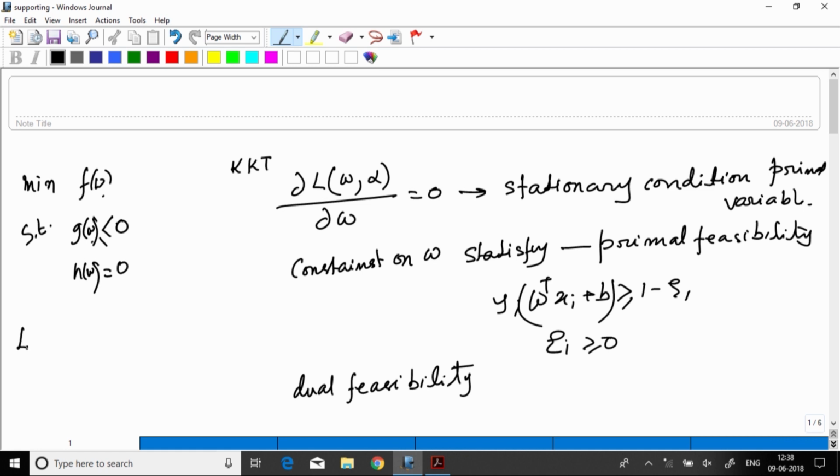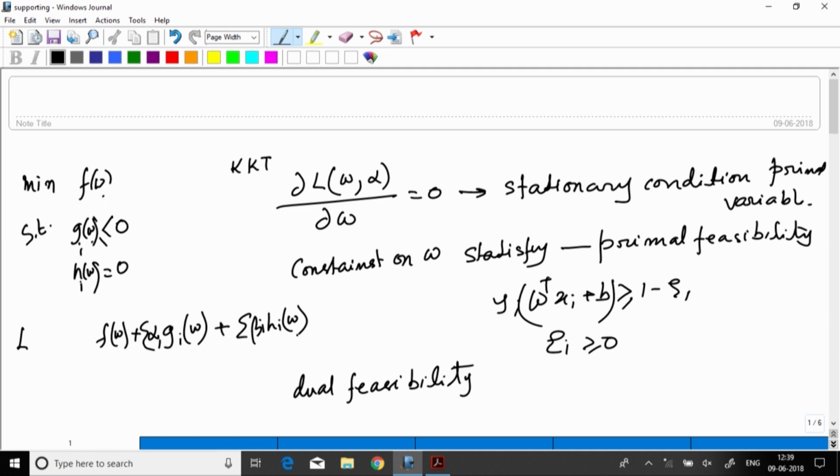So the Lagrangian function will be defined as follows.